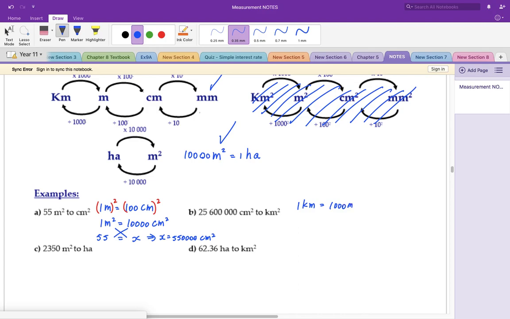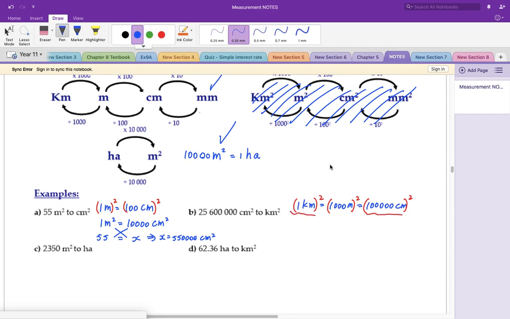So 1,000 meters times 100 is equal to 1 followed by 5 zeros, centimeters. Now we need to square this. But the only two parts you need are kilometers and centimeters, right?